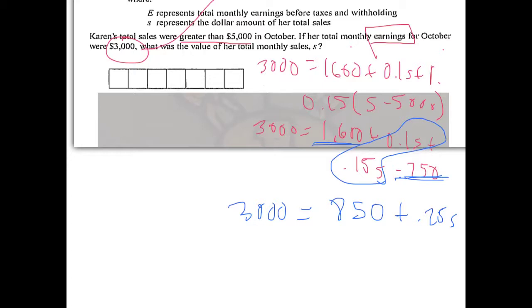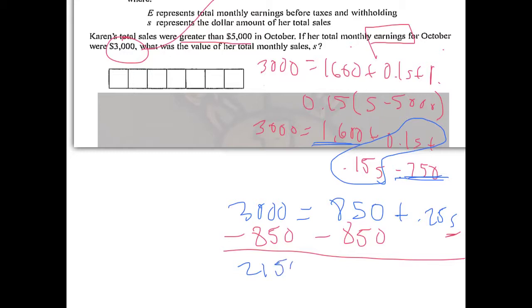I want to get this variable by itself, so I'm going to subtract 850 from both sides. And that's going to give me 2,150 is equal to 0.25 S.